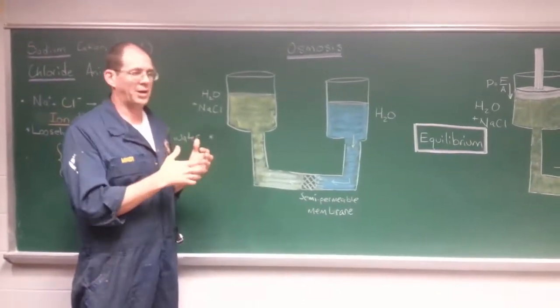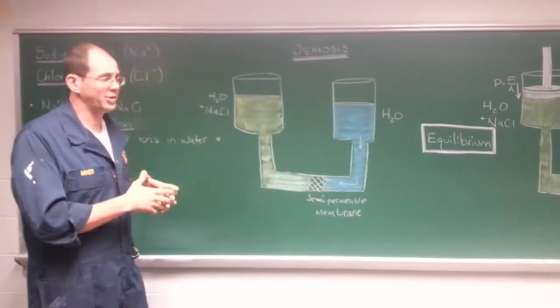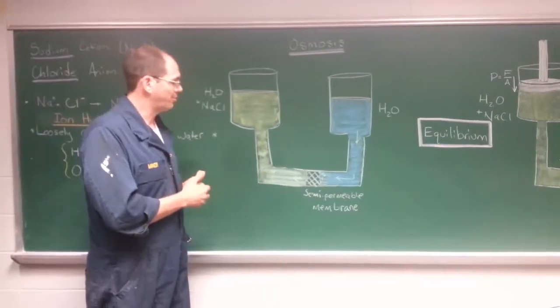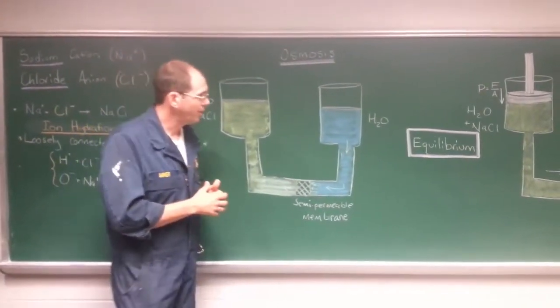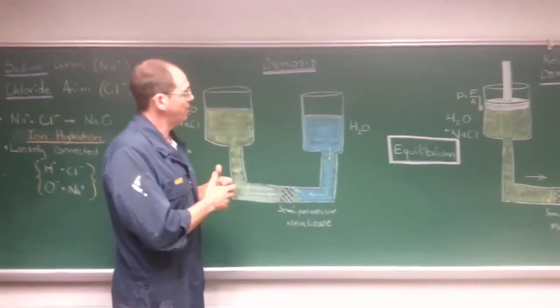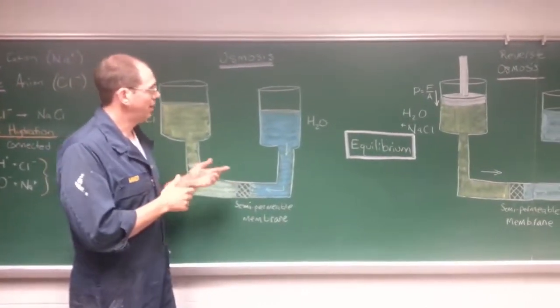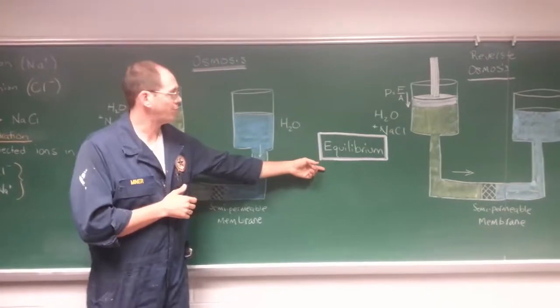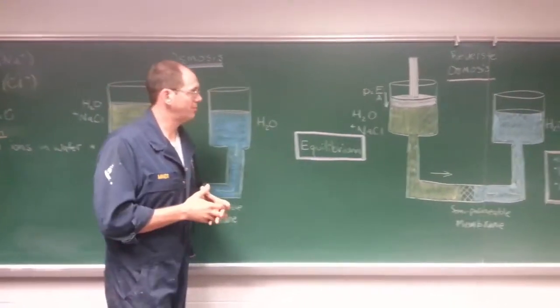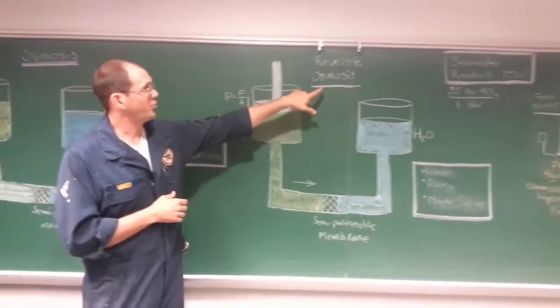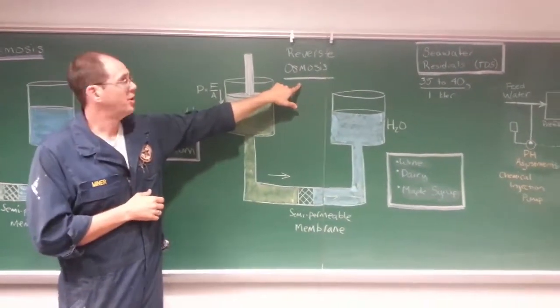If you combine them through a piping, what would happen naturally is that the two would mix into a solution, right? So that's a natural process of migration. Ultimately, when the two reach a point of osmotic pressure, we call that equilibrium, and that's where the two become a complete mixture.